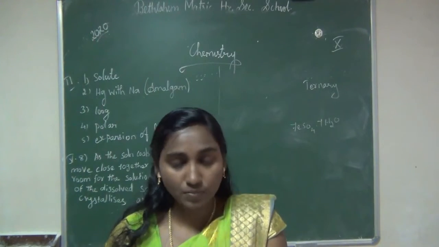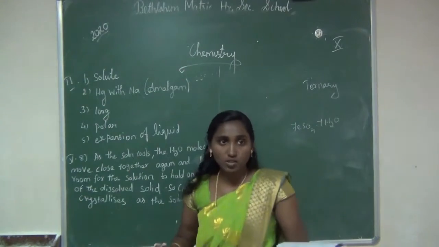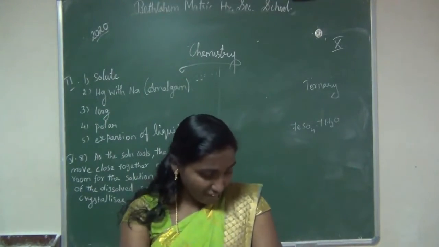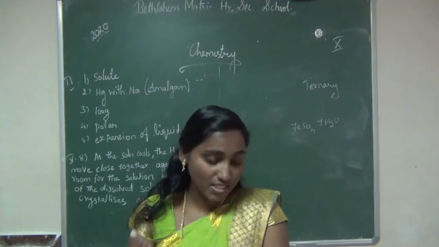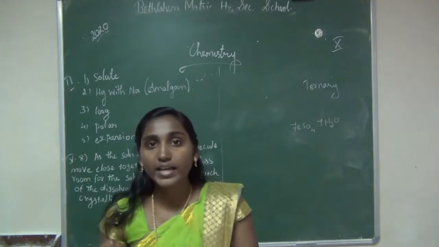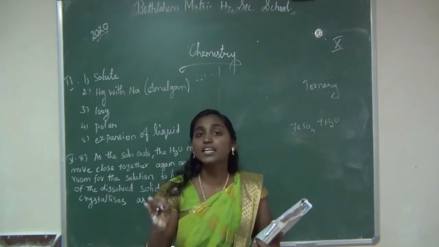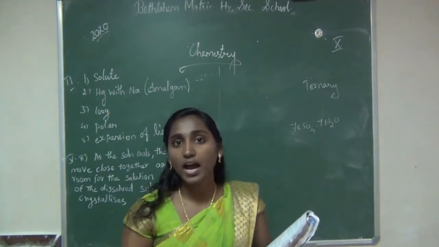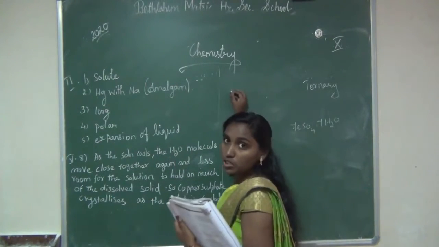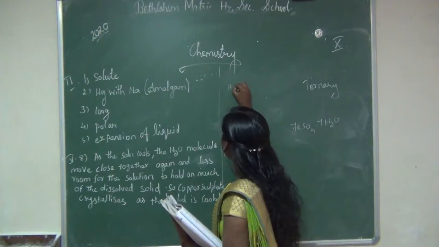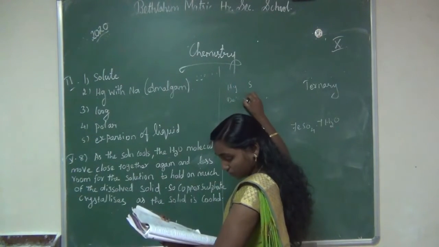Already we studied some examples for the hygroscopic substance and deliquescent substance. From there we can identify that two substances are hygroscopic, that is concentrated sulfuric acid and silica gel. They are the examples for hygroscopic substance. So near that question you should write hygroscopic substance and deliquescent substance.